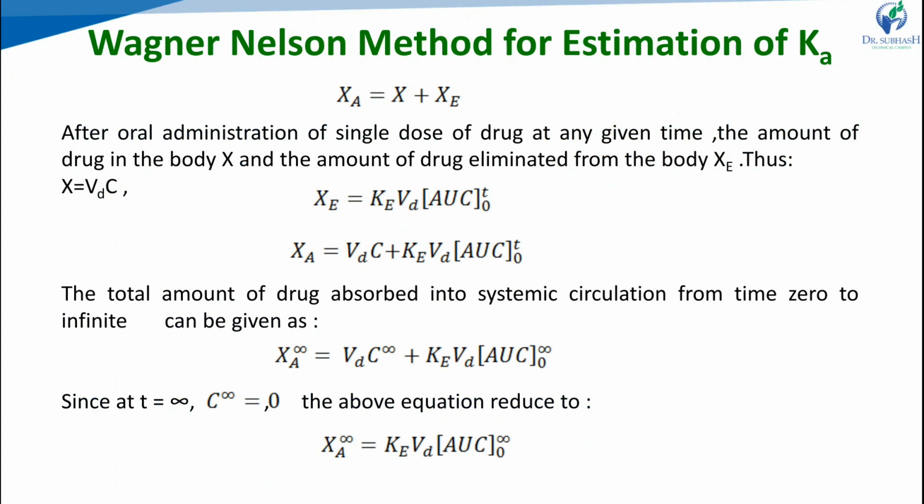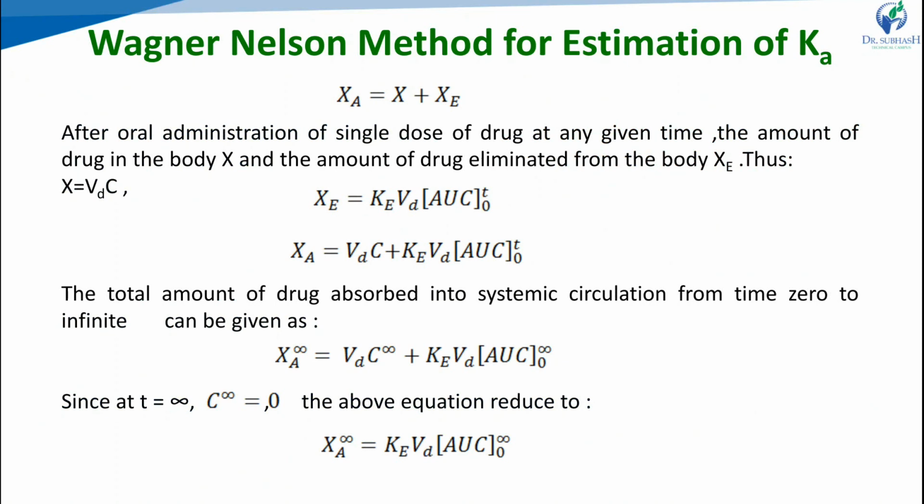After oral administration of a single dose of drug, at any given time, the amount of drug in the body is X and the amount of drug eliminated from the body is Xe. So Xa is equal to X plus Xe. X is the total amount of drug in the body and Xe is the amount of drug eliminated from the body.